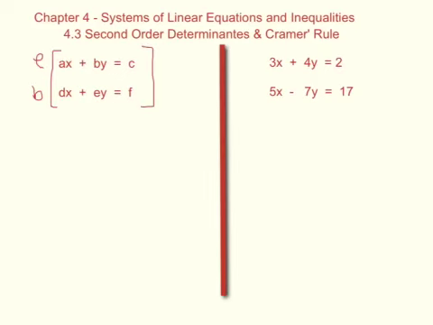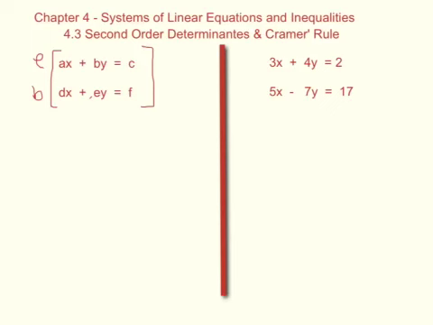So the first step is to multiply the top equation by the coefficient of y. In this case, the coefficient stands for e, right there. And the second equation gets multiplied by the coefficient of y, which is b.